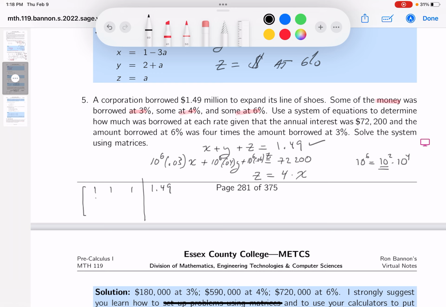So what do you get? 3, 4, and then you get 6. And I'm going to divide both sides by 10 to the 4. All right? So I'm going to take the 72,200, and 10 to the 4 looks like this over here. And that, if I did the numbers, what's it going to be? If I did that, I get 7.22.